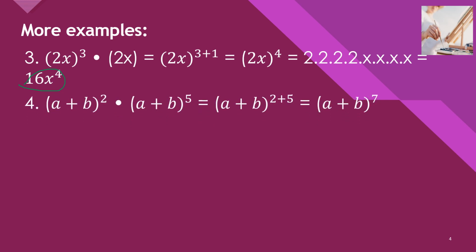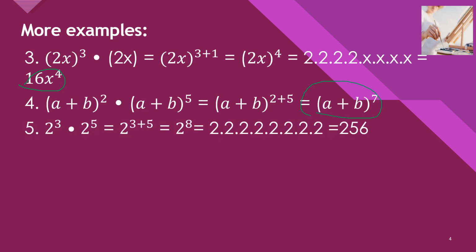Next, we have quantity ab squared times quantity ab raised to 5. So we add 2 plus 5, that is ab raised to 7. Next, we have 2 cubed times 2 to the fifth. So 3 plus 5, that is 8. And if we simplify all this, the final answer is 256.